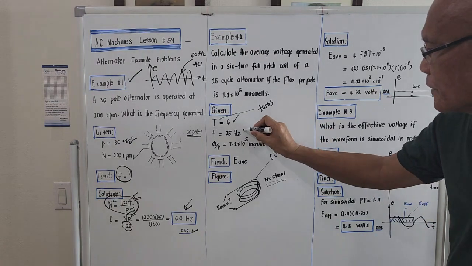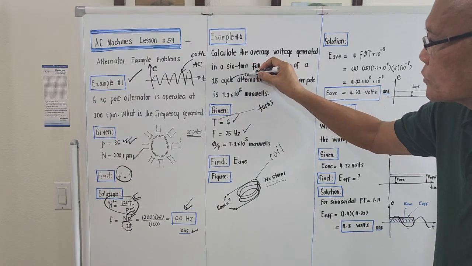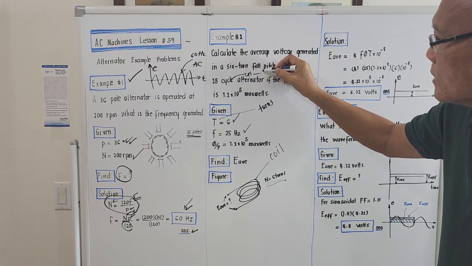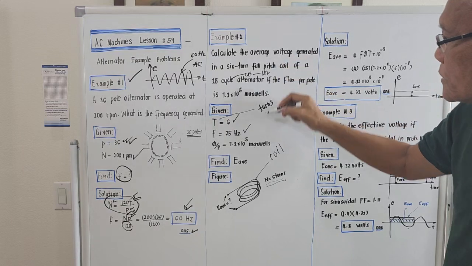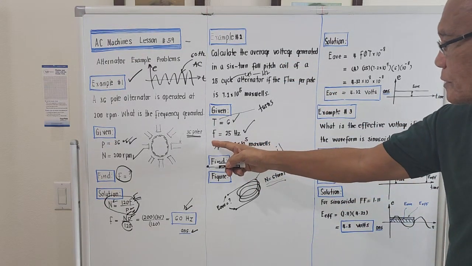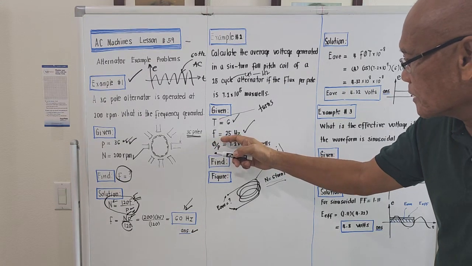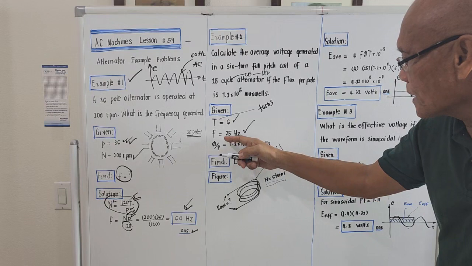Frequency is given, 25 Hertz. If we see 25 cycles, this is supposed to be cycles per second, or Hertz in short. And the capital Greek letter phi, slash P, means flux per pole.